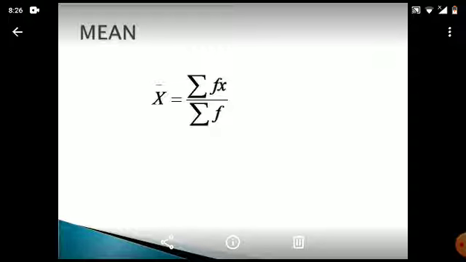In the same way, summation f is equal to the sum of the column of the frequencies. Always remember that we perform the calculations in statistics according to the DMAS rule. We will first multiply f with x and then add the column.